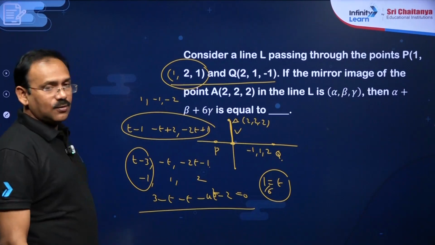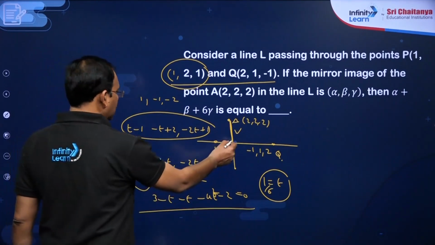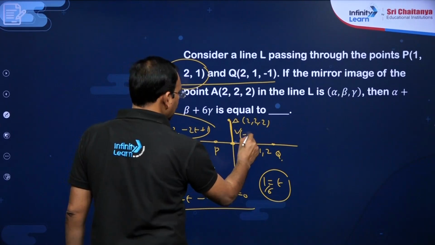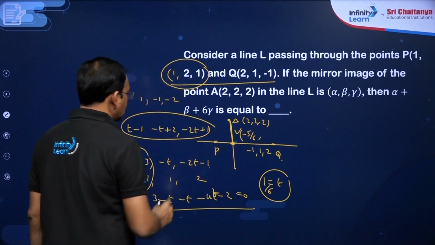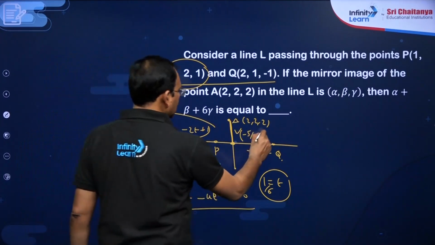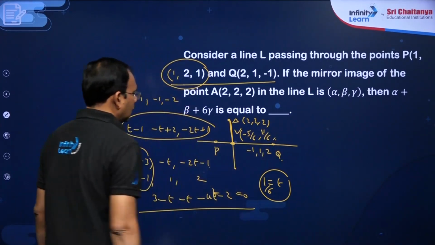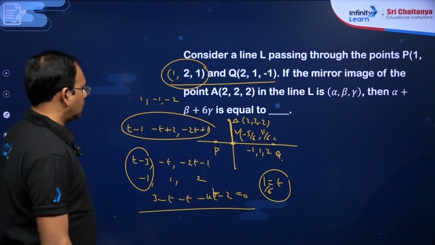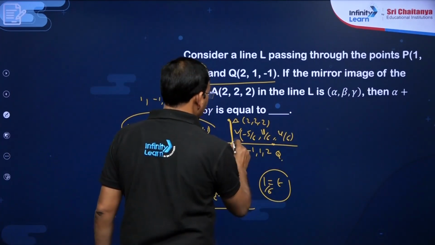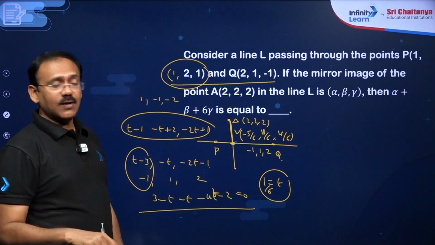Once you know the t value, dear students, this point you can say 1 by 6 minus 1 is minus 5 by 6. This is minus 1 by 6, 2 minus 1 by 6, that is 11 by 6, minus 2 by 6 plus 1, 6 minus 2, 4 by 6. So you got this point, my dear friends. Now, the foot of the perpendicular we have found.